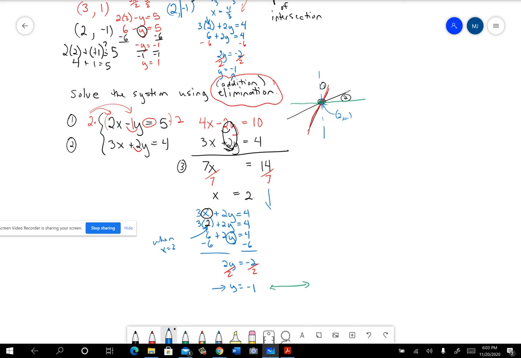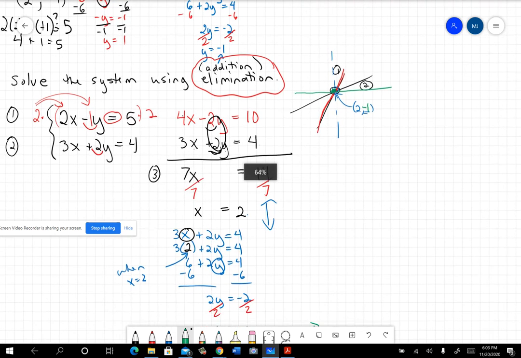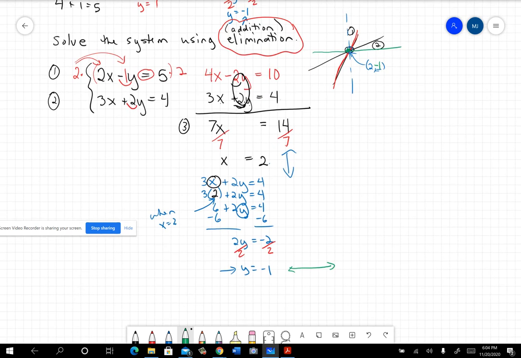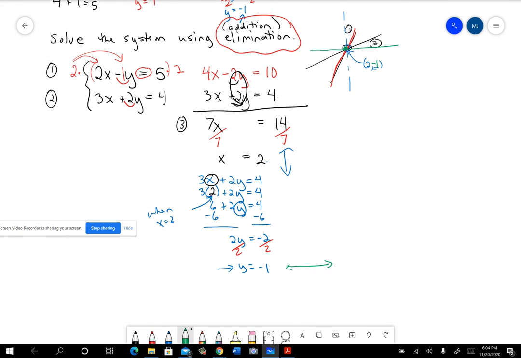This one was the vertical line through that point of intersection, but I know all the y's have to be negative 1 on that. So that y-coordinate right there turns out to be negative 1. Now you're supposed to, of course, remember that we haven't just solved this by graphing. So we didn't know that the ordered pair was 2, negative 1. I didn't see the graph. I'm just using that sketch as an image for you to think through the process.